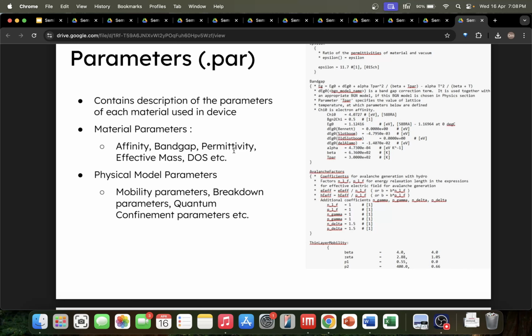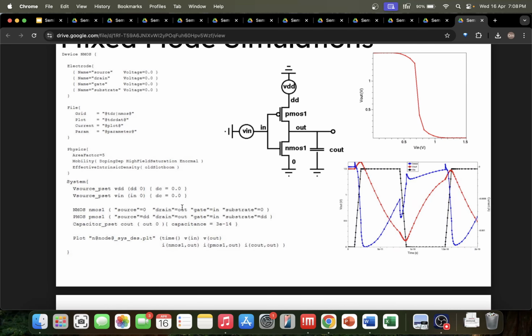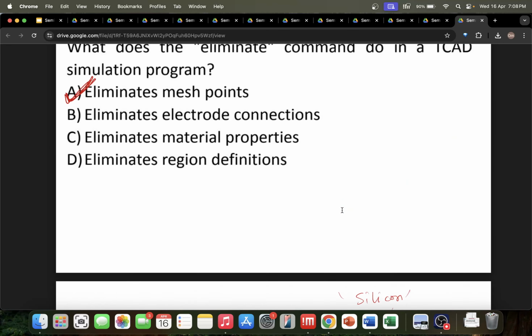These include parameters of mobility models, breakdown parameters, quantum confinement, etc., which are very important when calibrating models for accurate agreement between experimentation and simulation. This was followed by mixed mode simulation, where we define a netlist to connect different devices and simulate their circuit behavior. And we saw some basic questions on these.